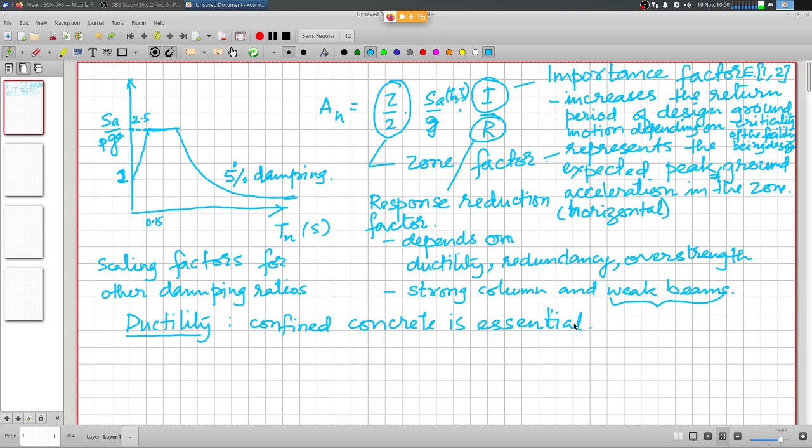So if you look at it, even if the tension steel is able to yield, the concrete is going to crush. And of course earthquake force is reversible.